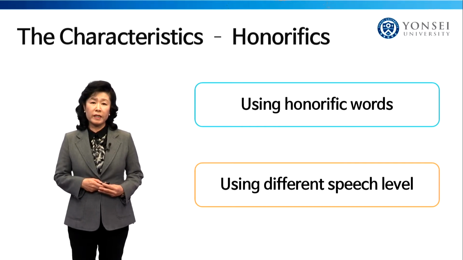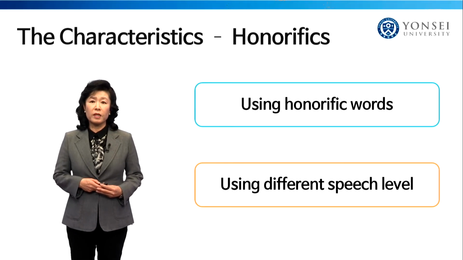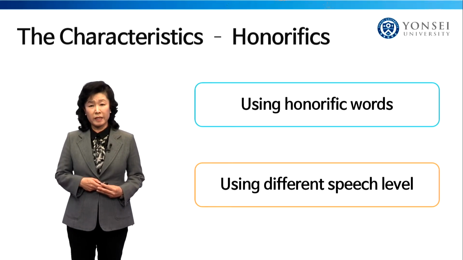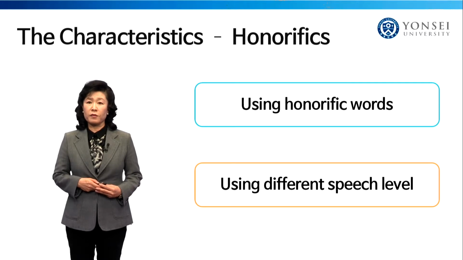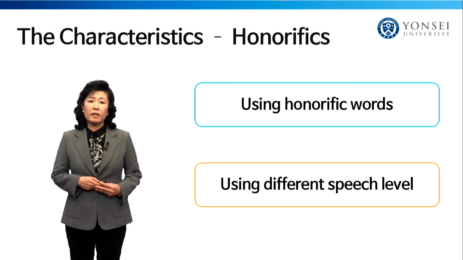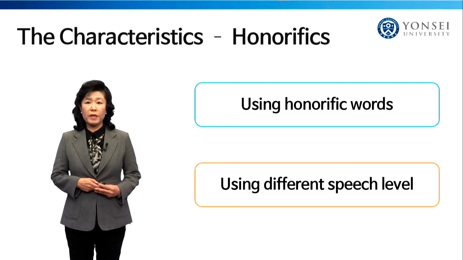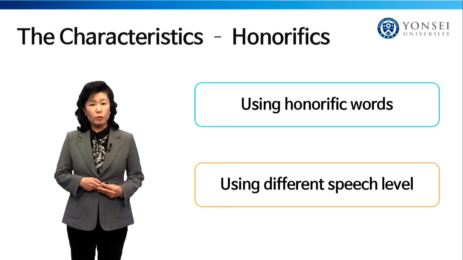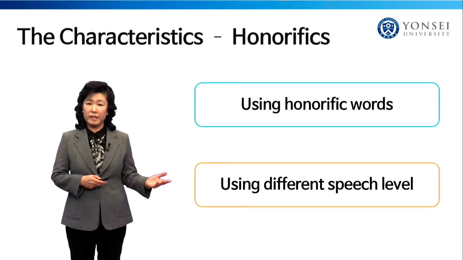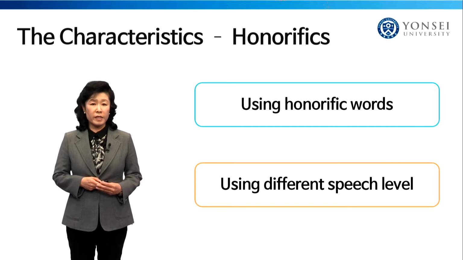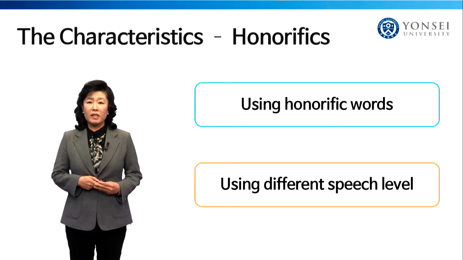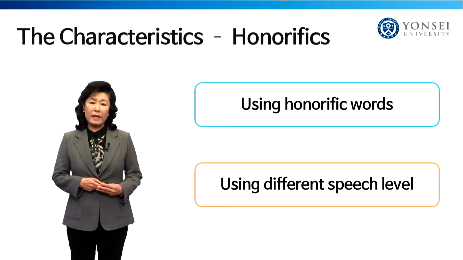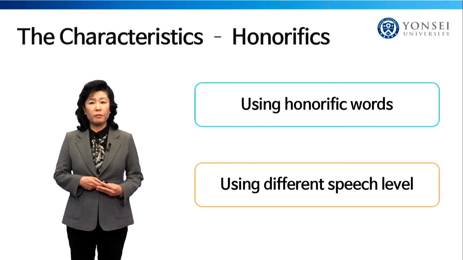However, in Korean, there is a distinction between the way a father speaks to his son and the way a son speaks to his father. If you pay close attention, you will be able to notice that the two ways are very different. You can use honorific words, or you can use expressions that differentiate speech levels. Understanding such characteristics about the language will be beneficial before starting to study Korean.